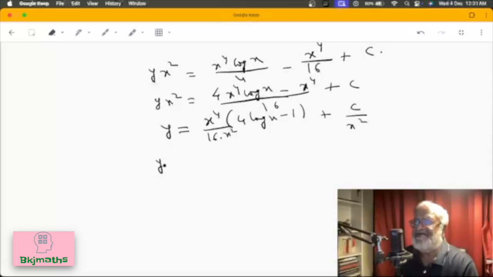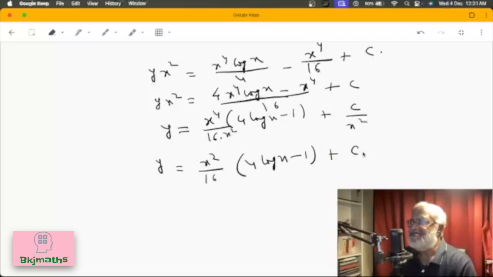So y equals x square upon 16 into 4 log x minus 1 plus c into x to the power minus 2. Answer. Okay, thank you.